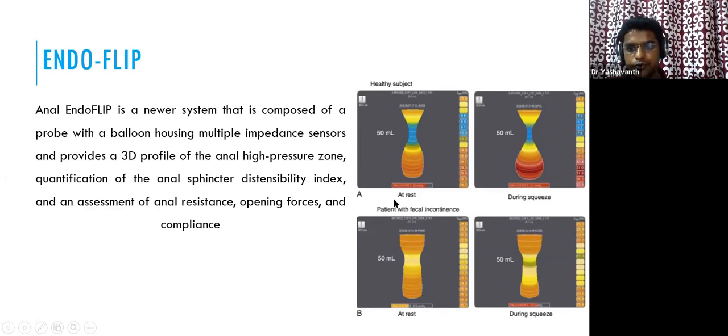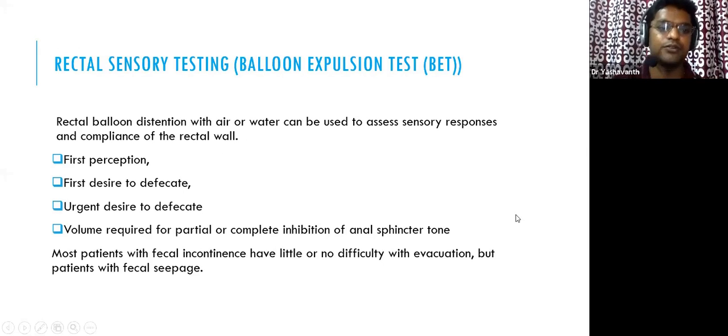You see, the pressure is shown with color here, and this is a normal subject at rest and during squeeze in a healthy subject. Whereas with fecal incontinence, this is how it will be: the pressure is low even in the lower rectum and anus, even during the squeeze. This is how it will show the grading. Supposedly a better modality than manometry, but it still needs evaluation.